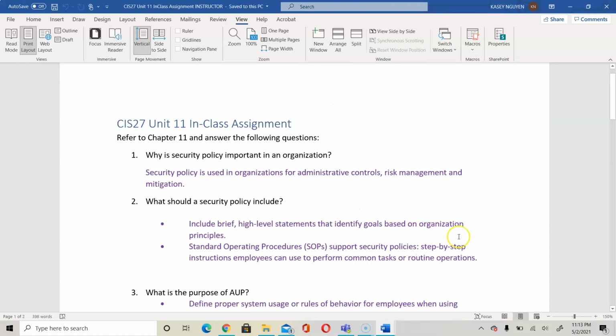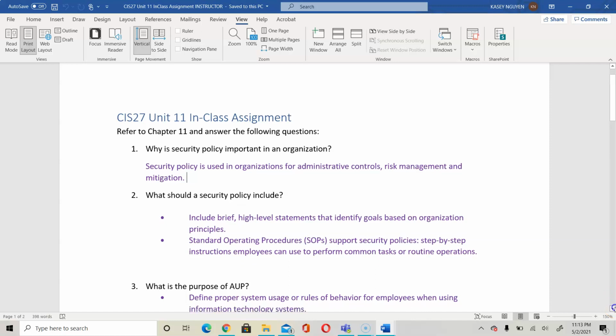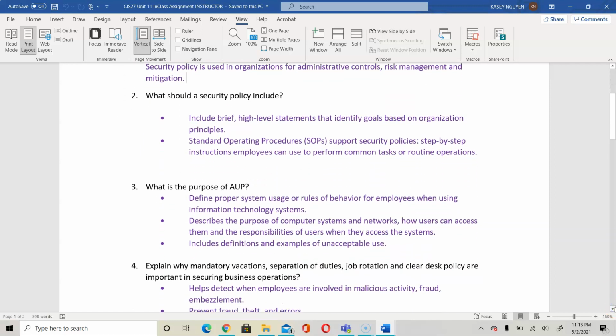So the third question asks you, what is AUP? The purpose of AUP is to define proper system usage, rules of behavior for employees when using information technology systems. And that can pertain to mobile devices, computers, desktops, laptops, and even our network environment.